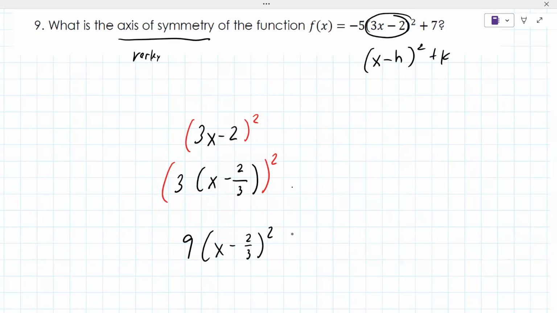Oh yeah, because you're trying to simplify the bigger squares. Yeah. So now the axis of symmetry is 2/3. But let's say they wanted something else. Yeah, that might matter. You'd wish you had factored that out here. The k is still this number.